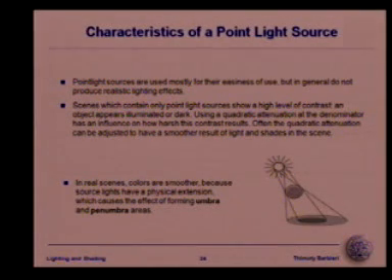So you have points in which you have full light, points in which you have half light, and points in which you don't have any light at all. This kind of effect you don't have with a point source. Therefore, if you light your scene only with one light source, the result that you have is extremely harsh. It's everything either very light or very dark. You don't have anything in between.